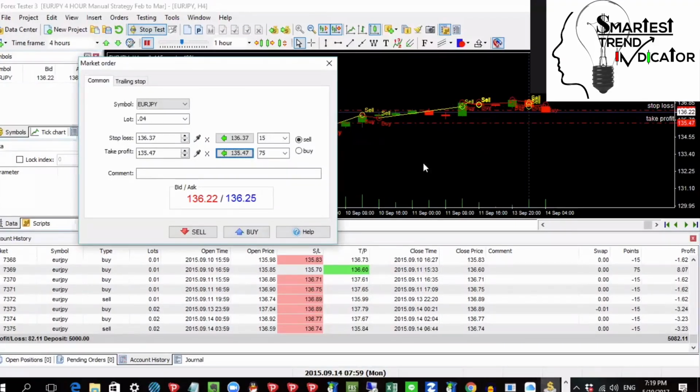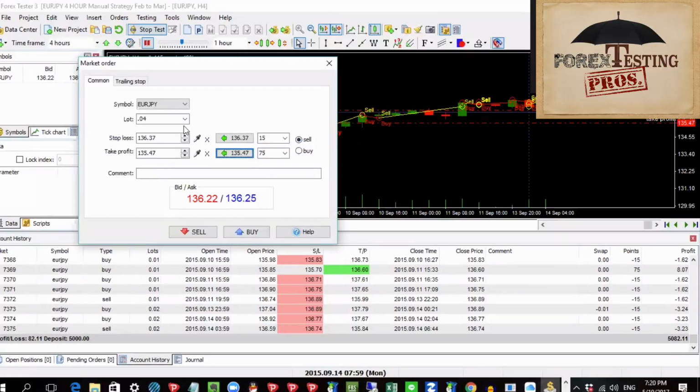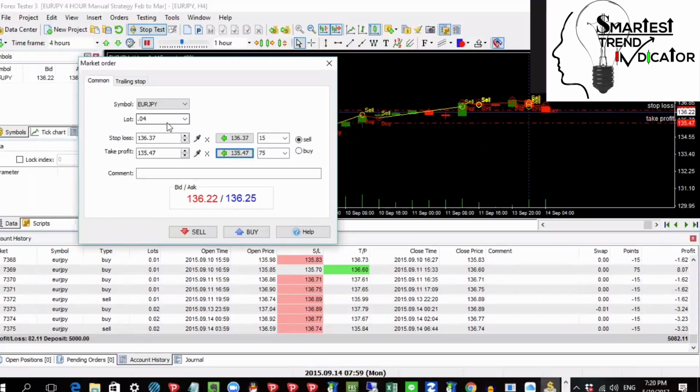Even doing it this way, which is risky, it still hasn't lost the account or even got close. So this is a really good strategy. I made this to give people a strategy when they use the smartest trend indicator. That's why I haven't released it yet, because I want to make sure people get something worth value. They get the smartest trend indicator and they have a good strategy to use it on as well.